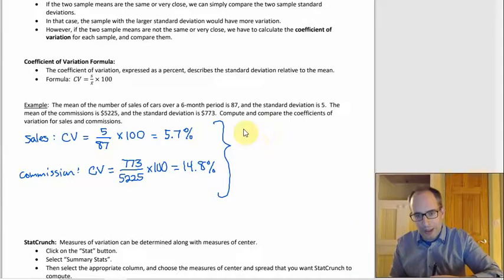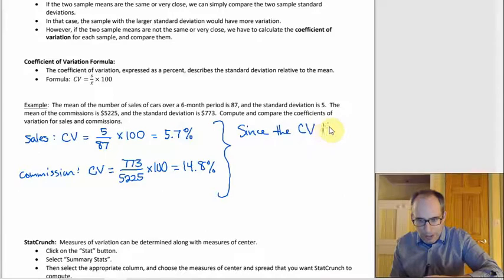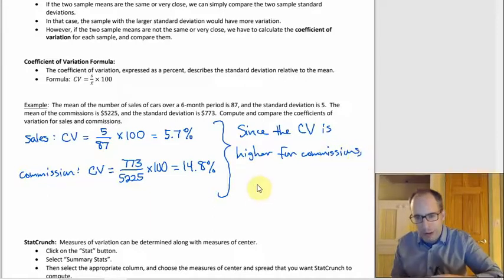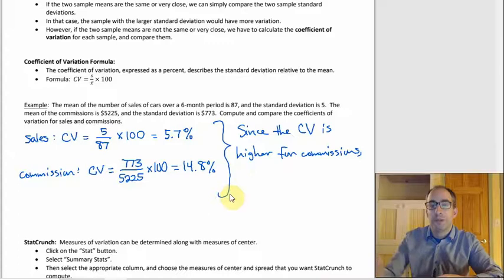So then I guess we can say that since the coefficient of variation, which I'm just going to abbreviate as CV, is higher for commissions, then commissions are more variable, right? Like that's what that's telling you.